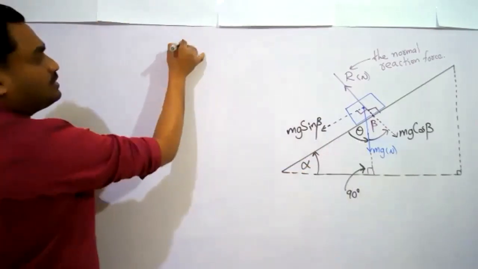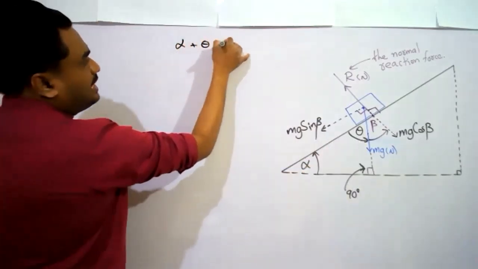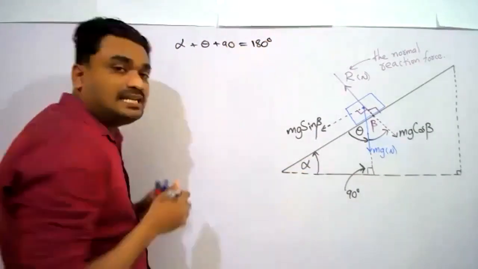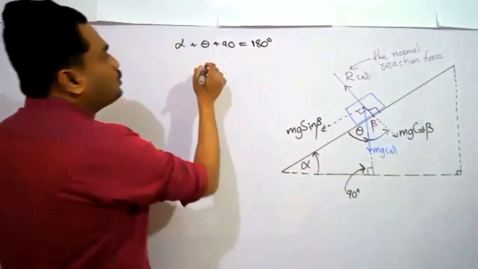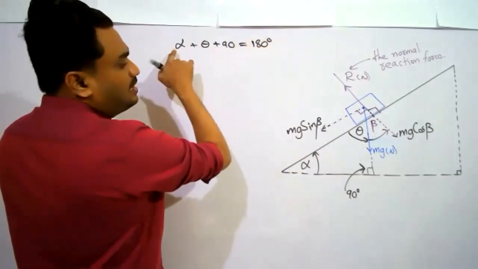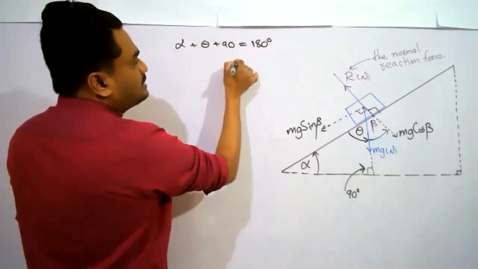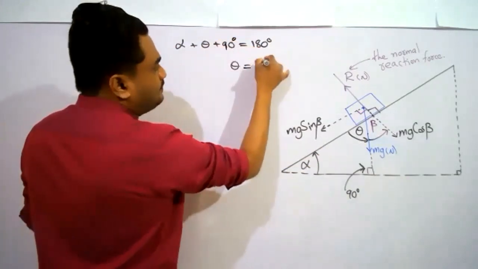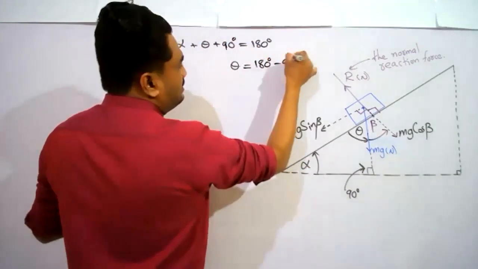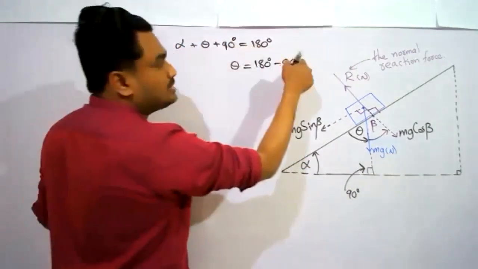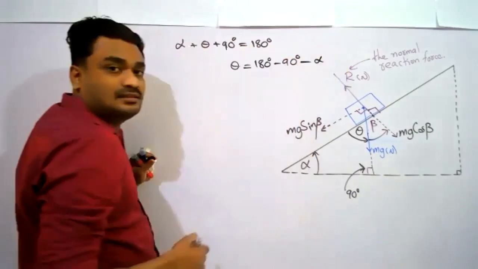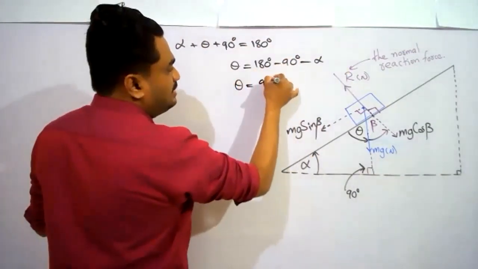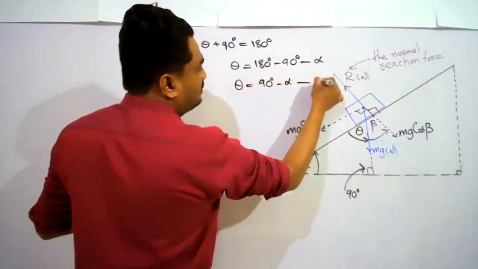So we know that the summation of the internal angles of a triangle is equal to 180 degrees. So if I take alpha and 90 to the other side, I get theta equals 180, minus 90, minus alpha. Then you get theta equals 90 minus alpha.